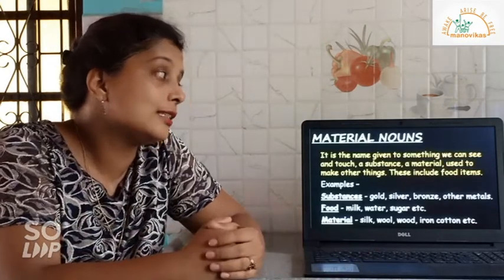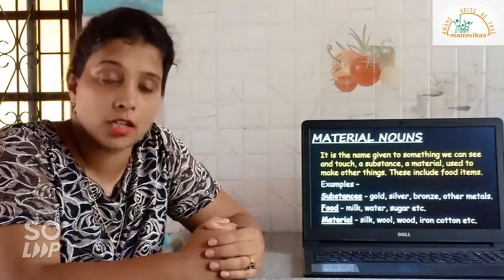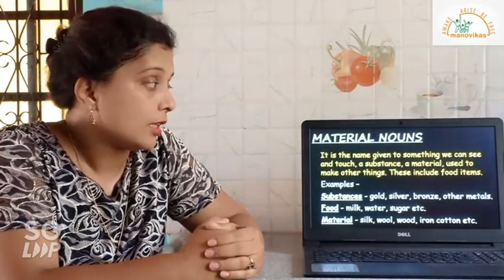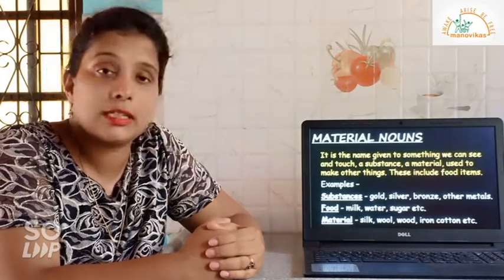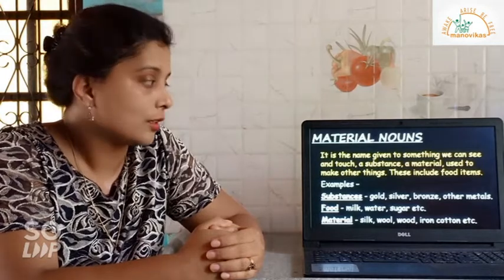Well students, now let's proceed to understanding what are material nouns. Material nouns is the name given to something that we can see and touch. It is a substance, a material which is used to make something else.